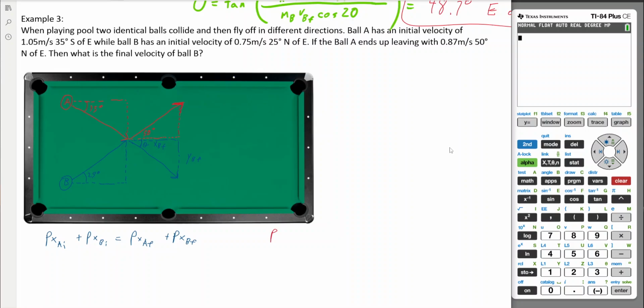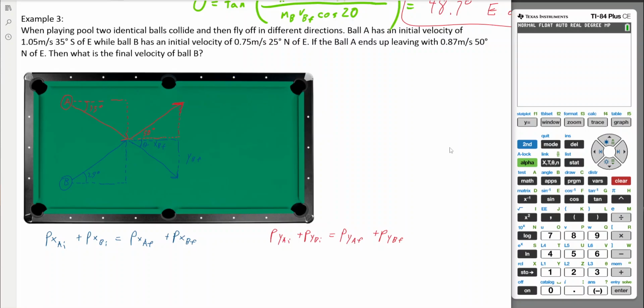So P_YAI plus P_YBI equals P_YAF plus P_YBF. Again, initial equals final in the y direction, and all of them exist.